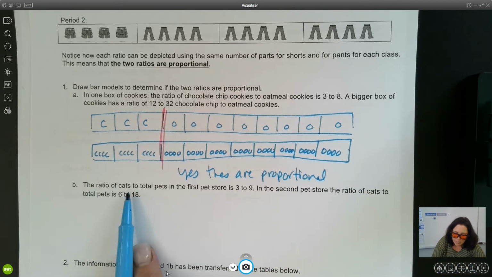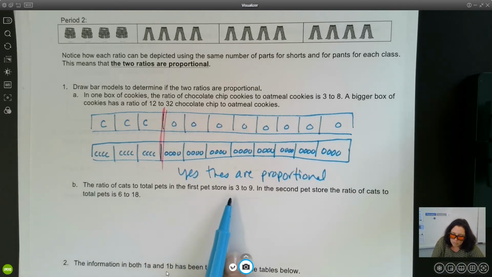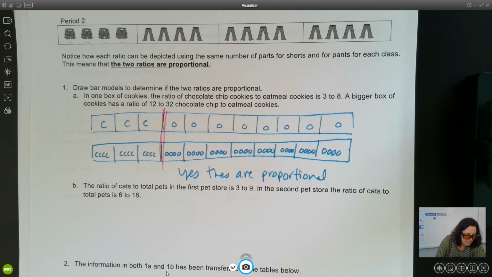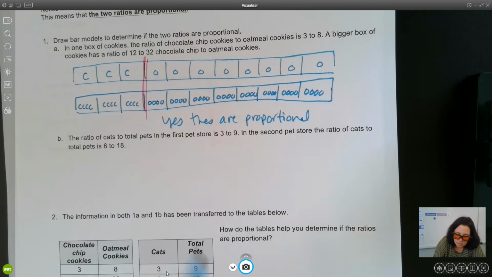The ratio of cats to total pets in the first pet store is 3:9. In the second pet store, the ratio of cats to total pets is 6:18. All right, so be very careful. This is cats to total pets. So cats are a part of it. Okay, so we've got 9 boxes.